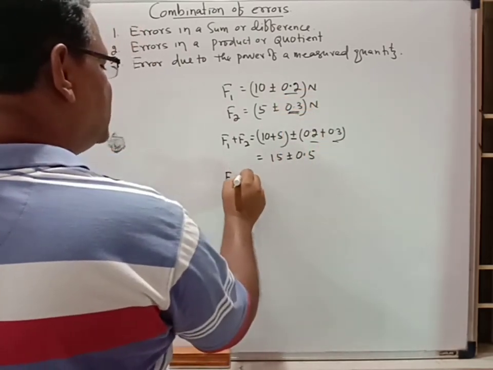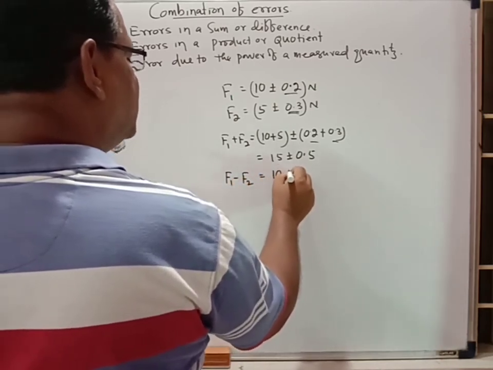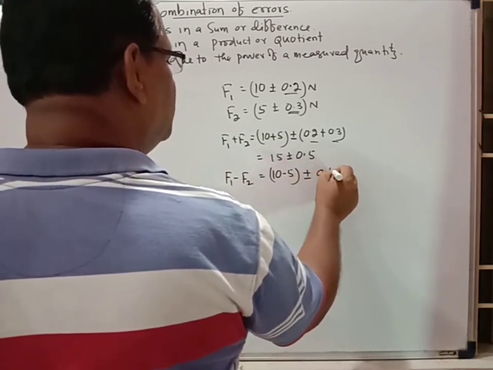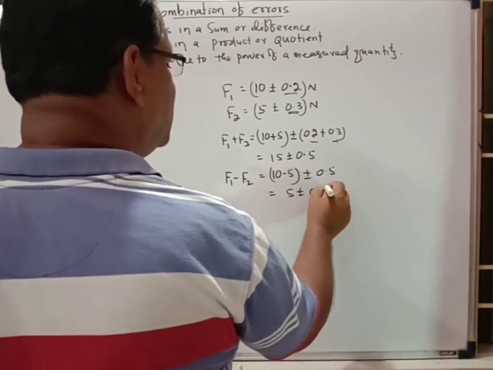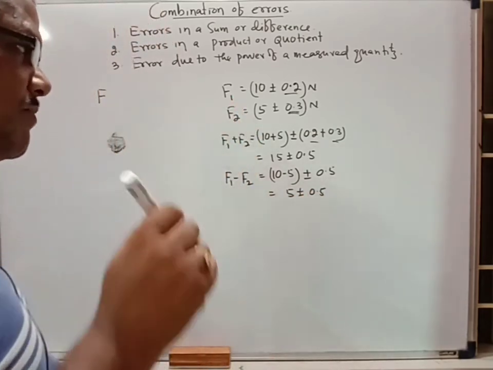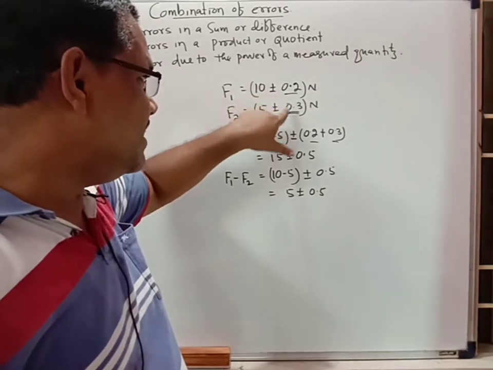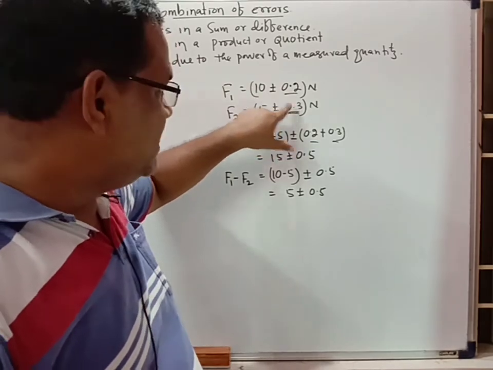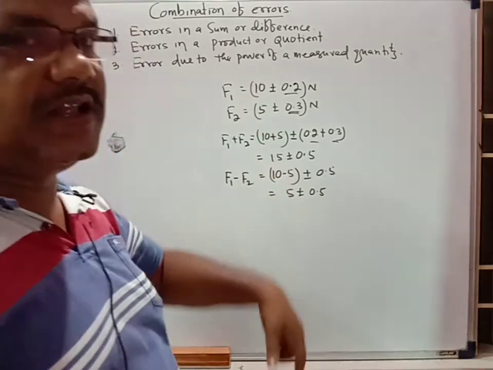In case of subtraction, f1 minus f2 will be equal to 10 minus 5, that is 5, plus or minus 0.5. In both cases, summation or difference, the absolute error will be added.